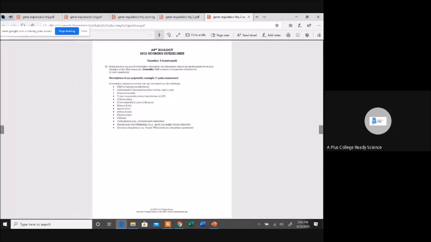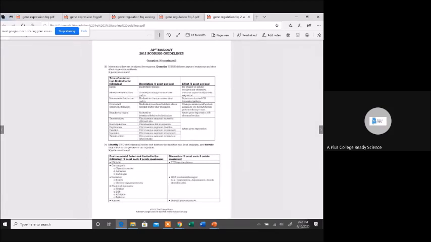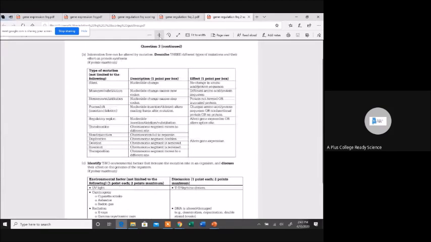I want to scroll down and look at part B. Part B is not so much directly related to our topic for today, but this is a topic we talked about last time. Describe 3 different types of mutations and their effect on protein synthesis. We've talked about silent mutations. Silent mutations are where you have a codon, let's say it was AAA, and it coded for a certain amino acid.